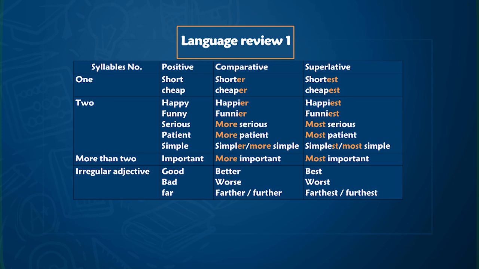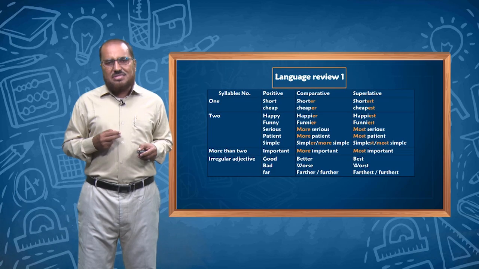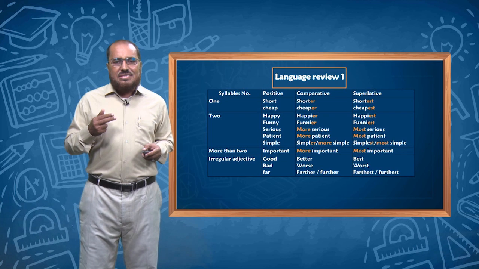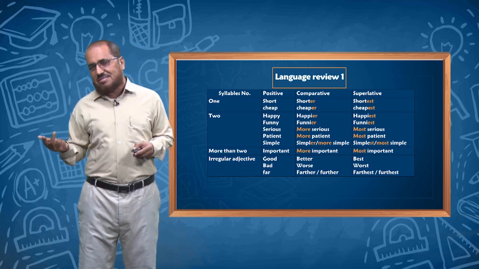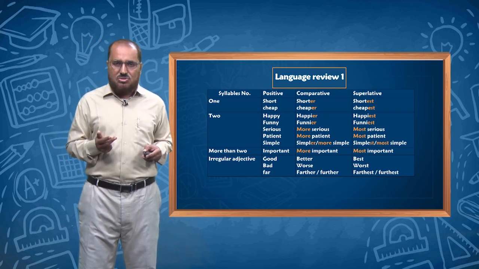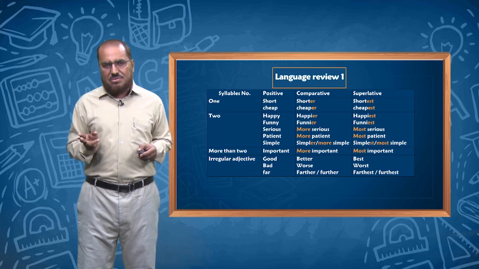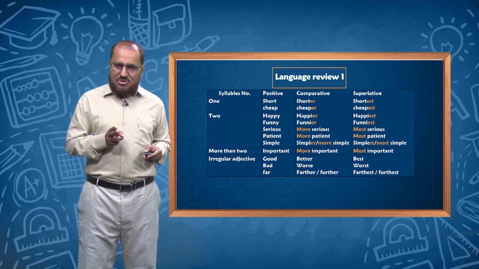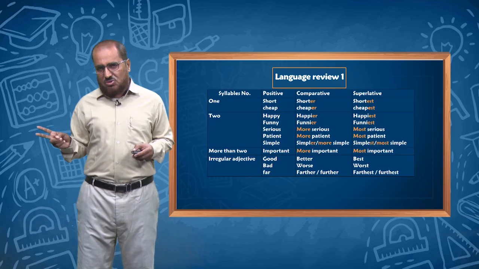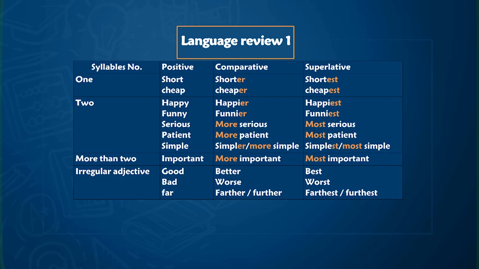Look at serious, two syllables. But it's difficult to say seriouser or seriest, so here you can use more and most: more serious for comparative, most serious for superlative. Look at patient.